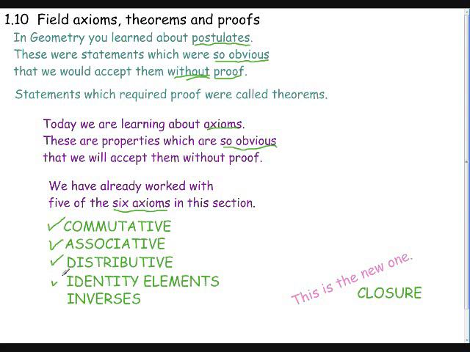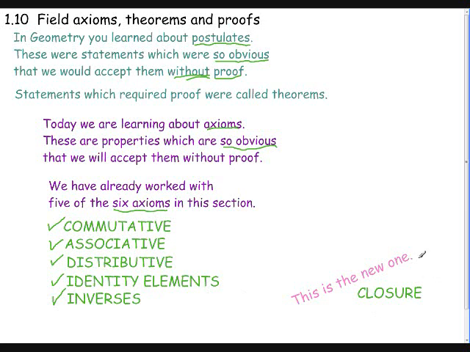Identity elements, for addition, that's 0, and for multiplication, it is 1. We talked about inverses for addition. The inverse is a change of sign. For multiplication, the inverse is the reciprocal of what your multiplier is.